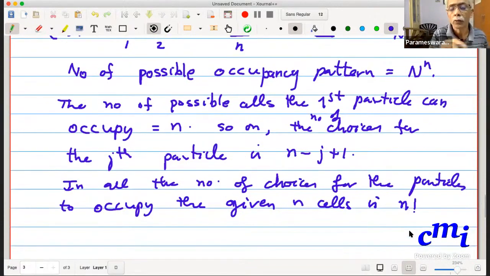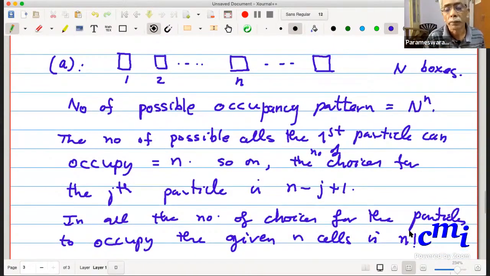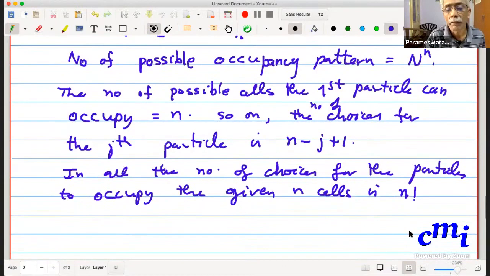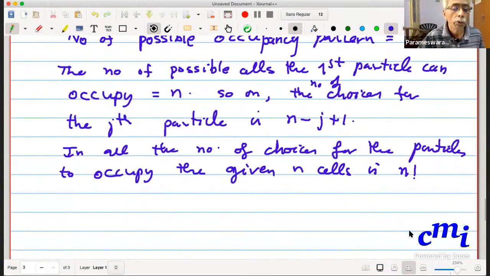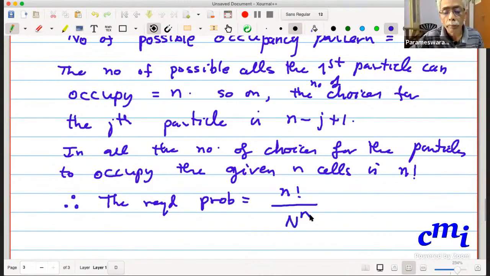It's like you just have particles labeled 1, 2, 3 up to n, and any arrangement of those particles will give rise to a possible occupancy pattern. So there are exactly n factorial. Therefore, in this case, the required probability is equal to n factorial divided by n power n.